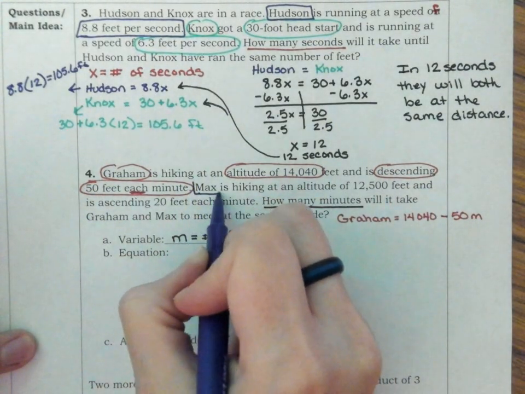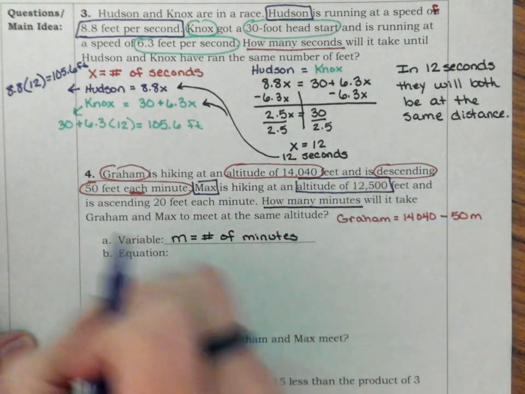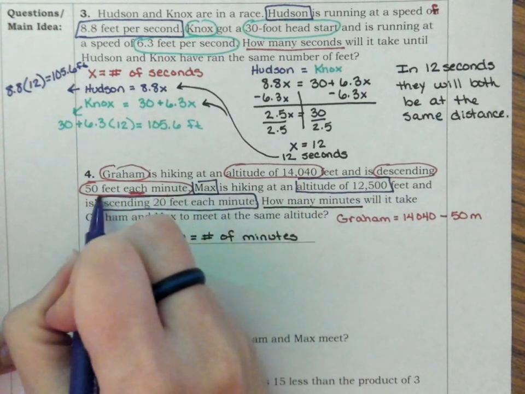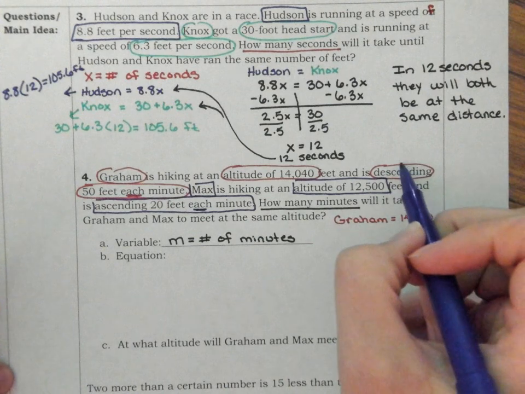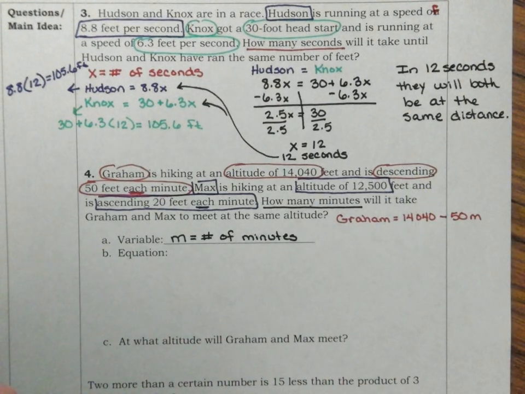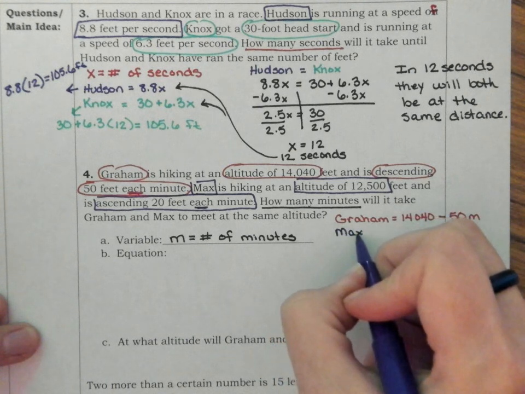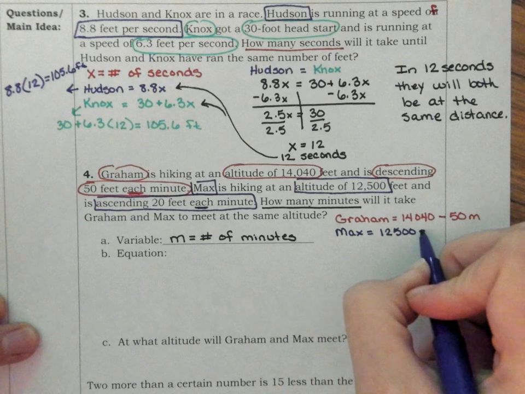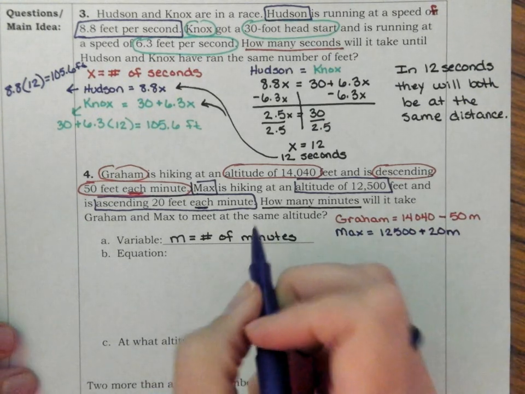Max is hiking at an altitude of 12,500 and is ascending 20 feet each minute. There's your multiply word again. Okay, descending was how I know to make a minus. Ascending is your plus. So Max equals 12,500 plus 20m.